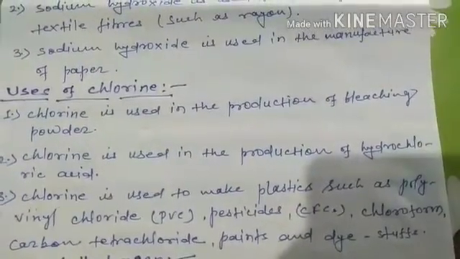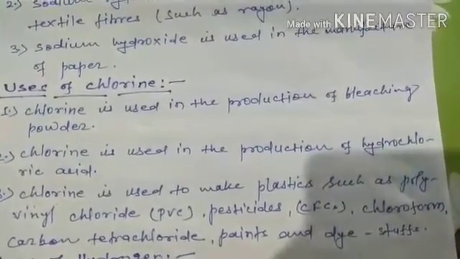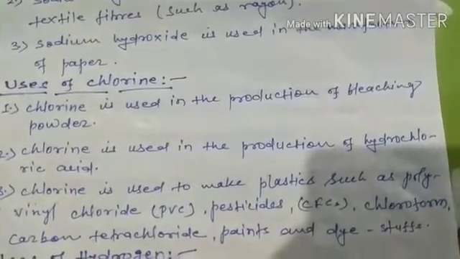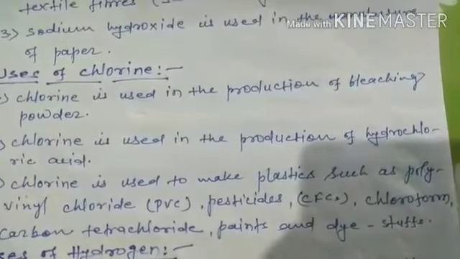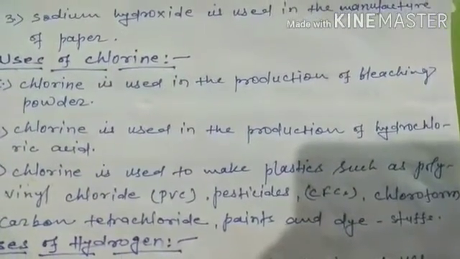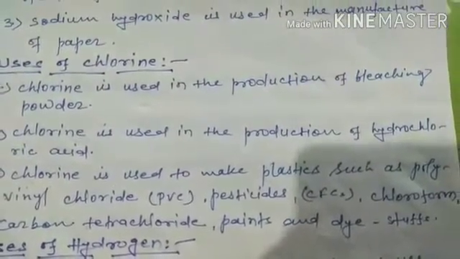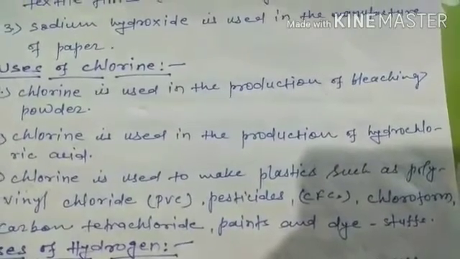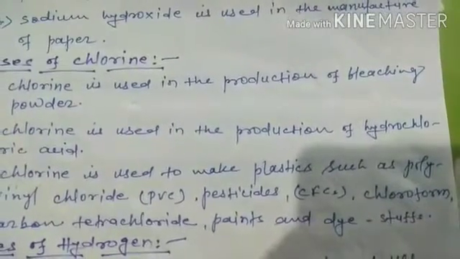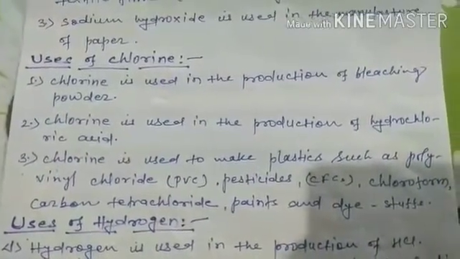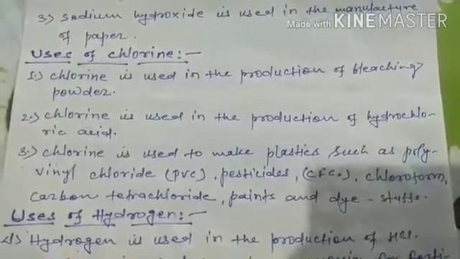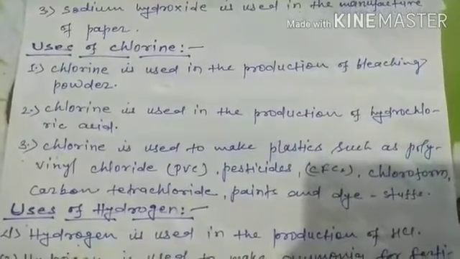And chlorine is used to make plastics such as polyvinyl chloride, pesticides, chlorofluorocarbons, chloroform, carbon tetrachloride, paints and dye stuffs. So this is the usage of chlorine gas.